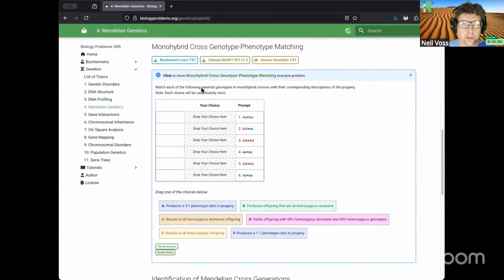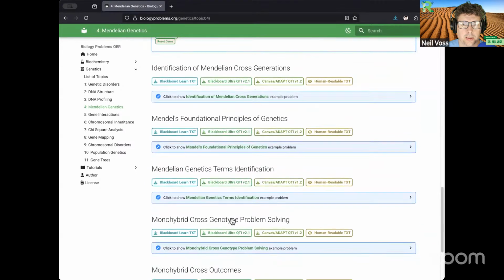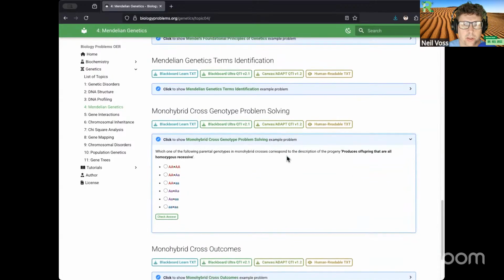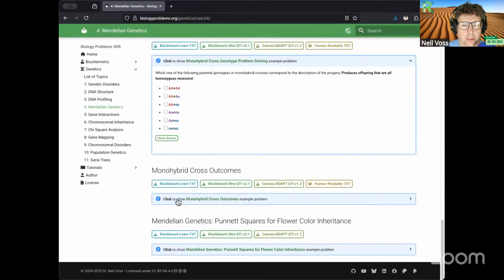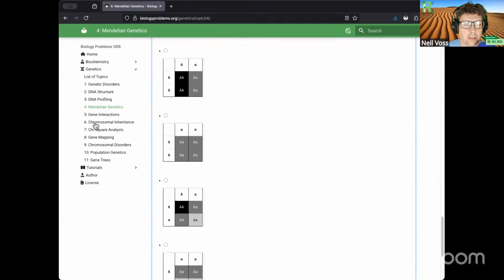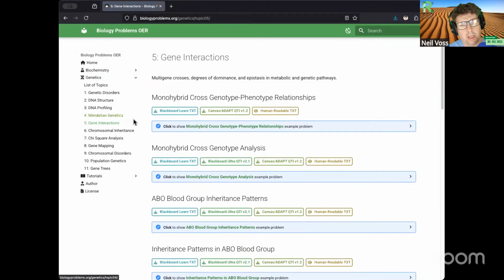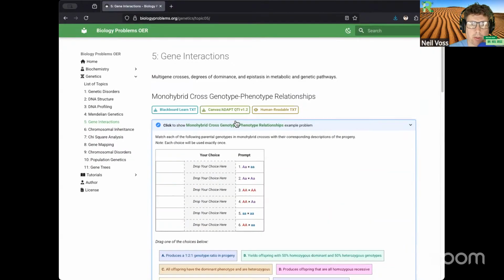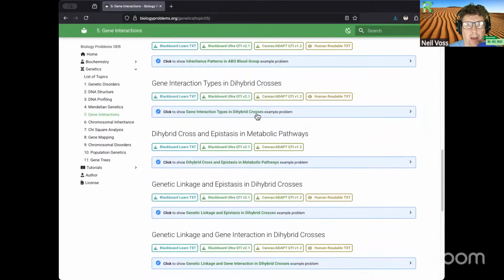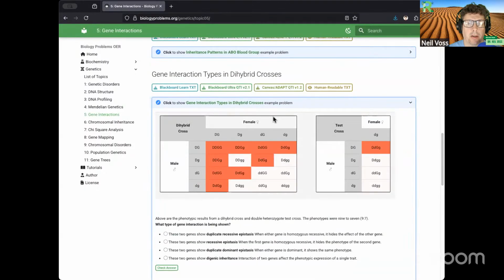If you want to do some large crosses, a lot of terminology in this one. Here's one where it's a kind of a problem solving, outcome crosses, Punnett square identification. Then we get into gene interactions, monohybrid crosses, ABO blood group inheritance patterns, gene interaction types in dihybrid crosses.